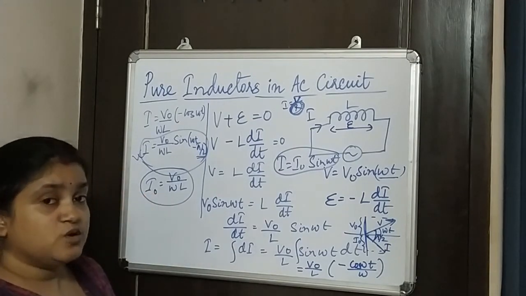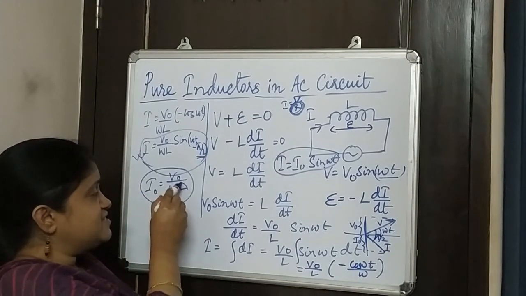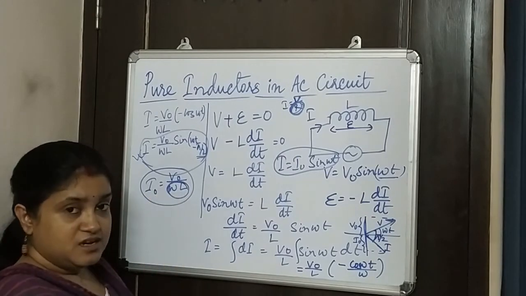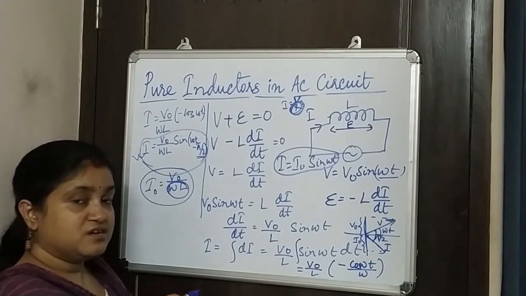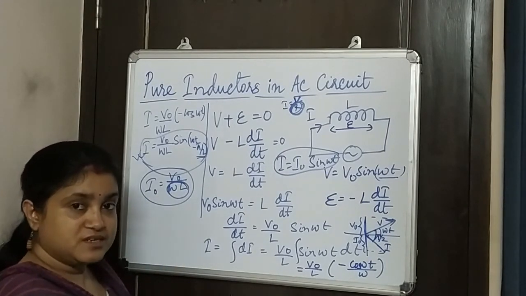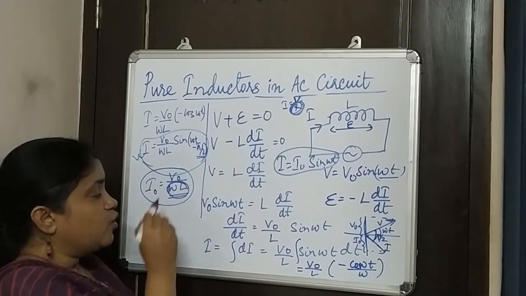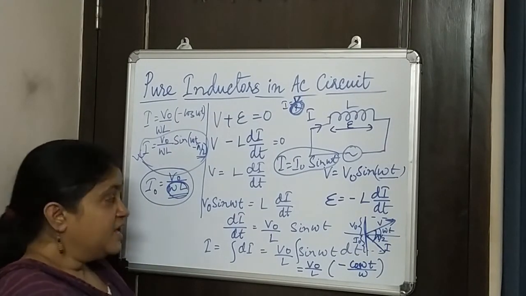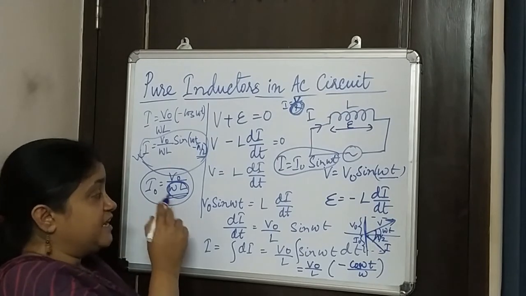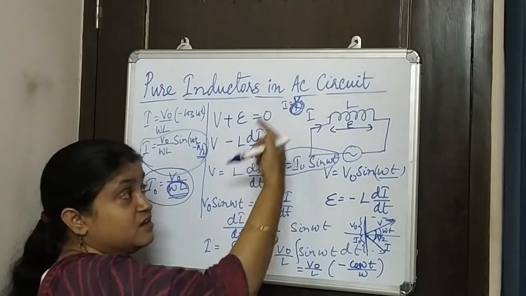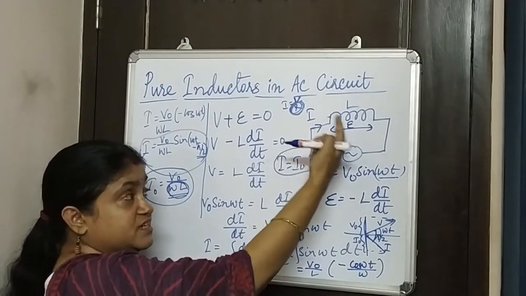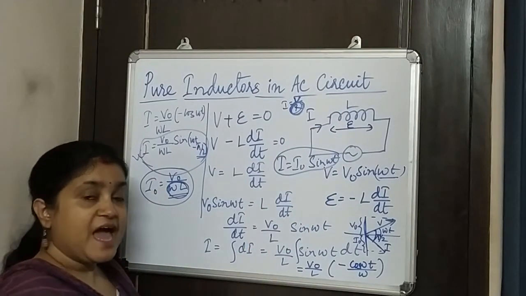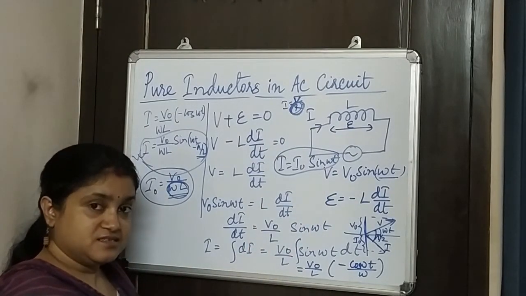And in this case, this resistive element, or the element which stops the current, is given by omega into L. This particular element in the inductor circuit acts as a resistance.